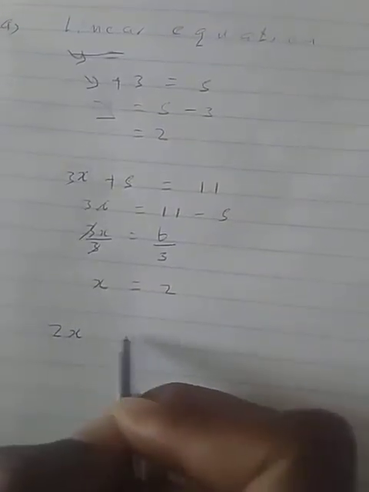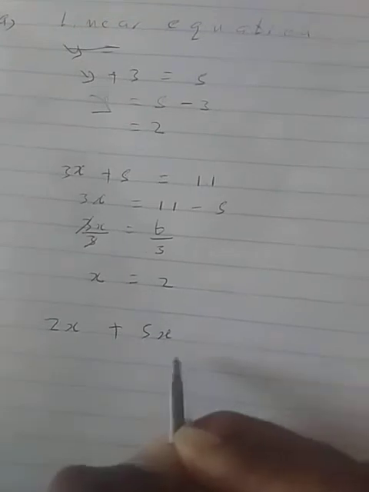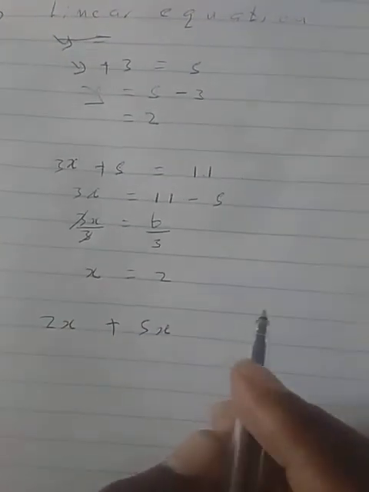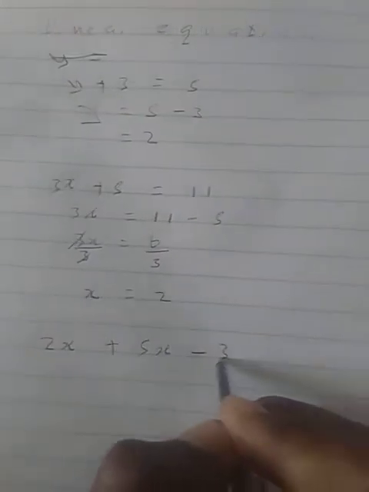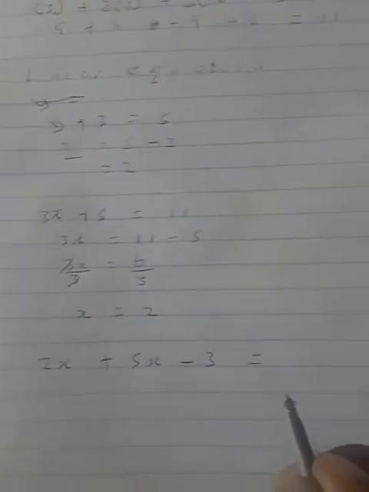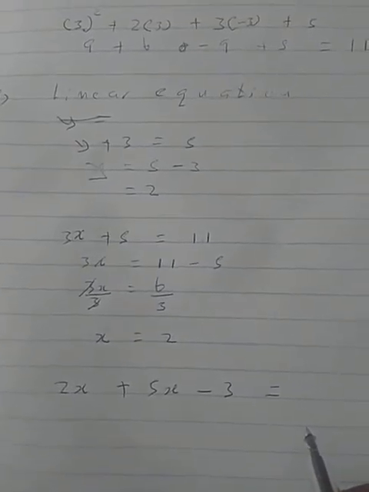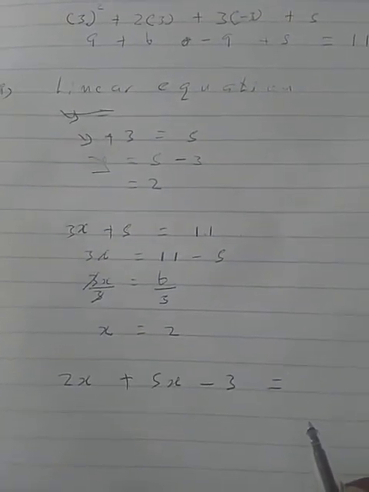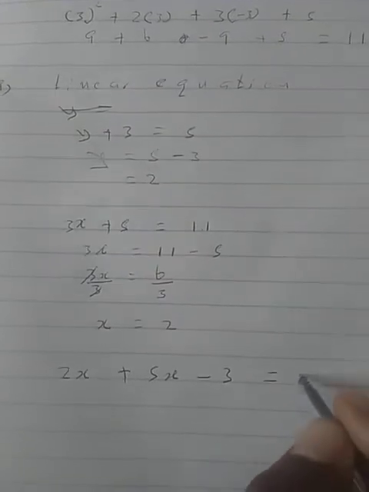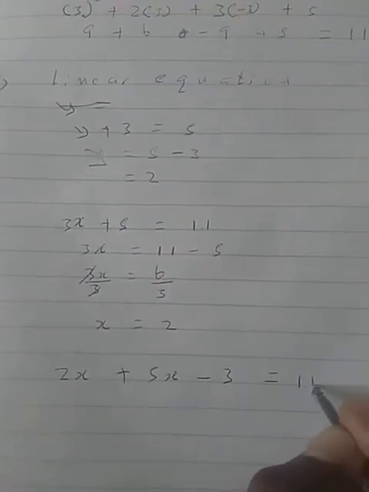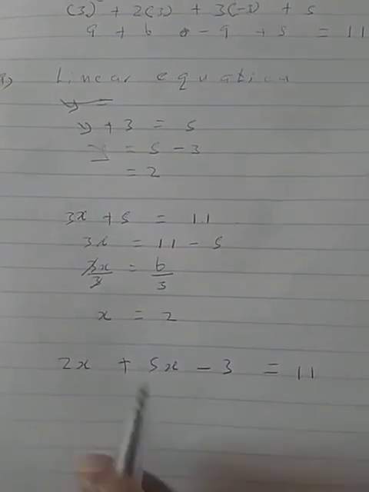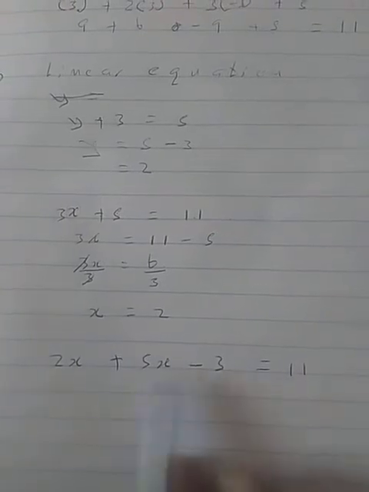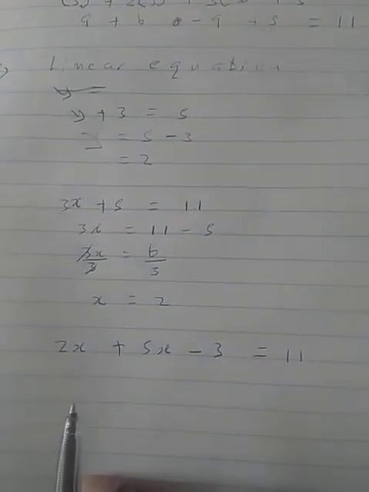Let's say in this case we have 2x plus 5x minus 3 equals 11 again. Okay. So how do we solve this equation?